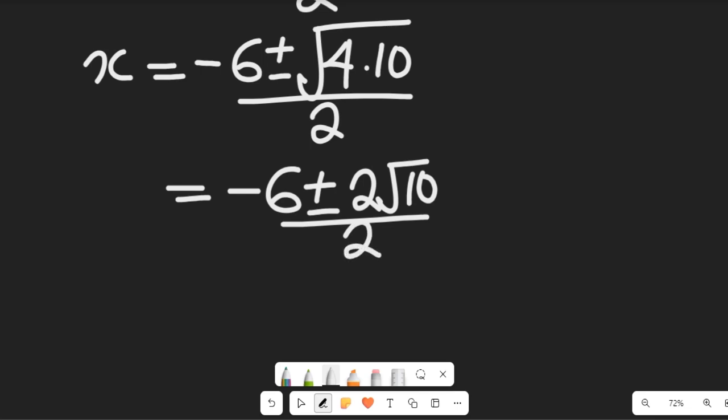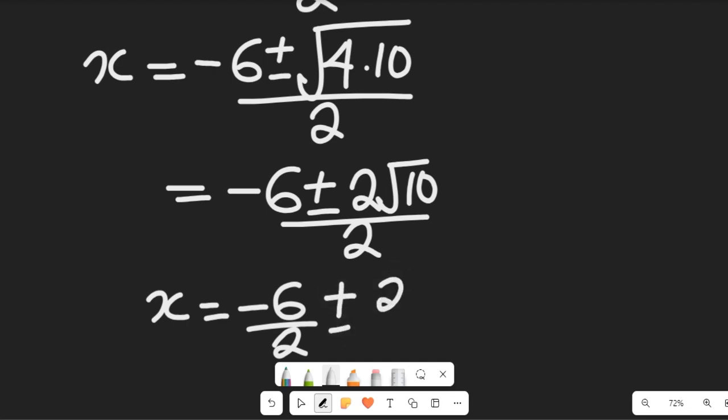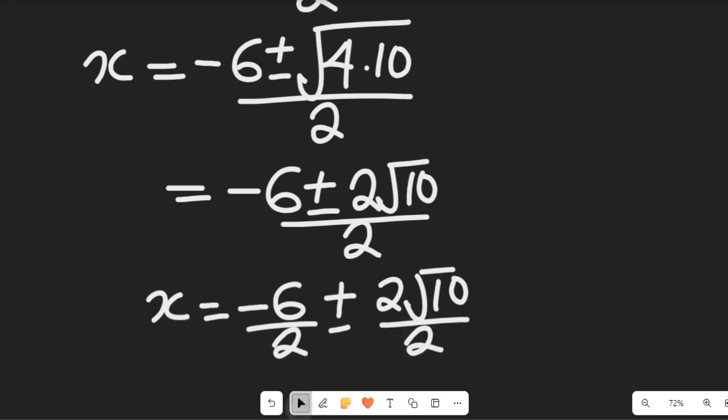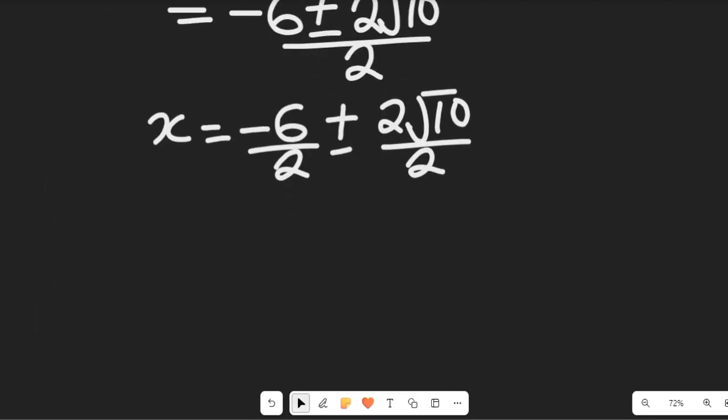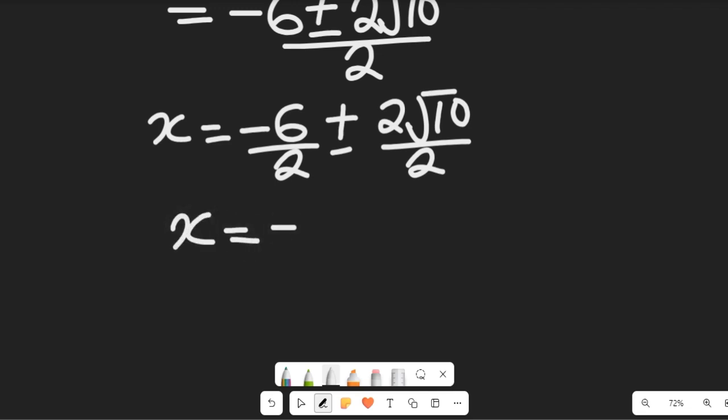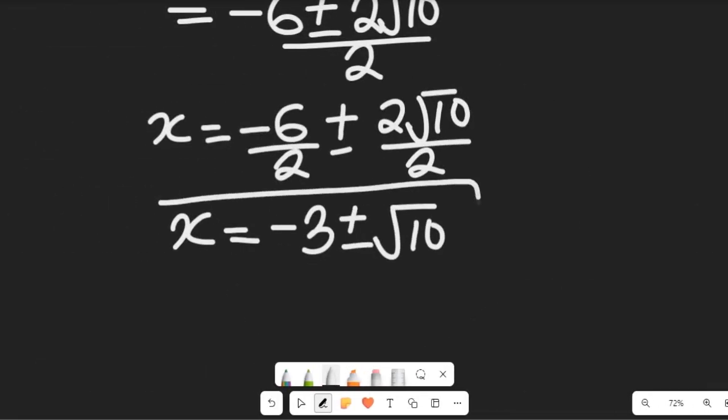So that expression is going to give us x equal to negative 6 divided by 2 plus or minus 2 root 10 divided by 2. And from that expression, we can find out that our x is equal to negative 3 plus or minus root 10. So this is the first solution to the value of x.